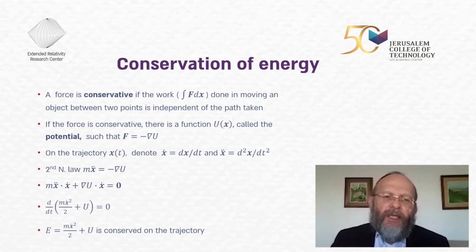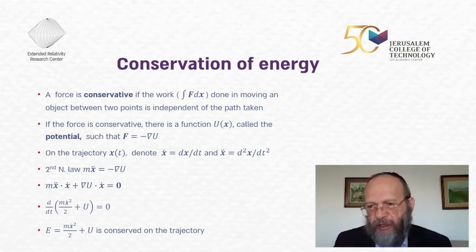It means on any trajectory, a solution of the differential equation, of the evolution equation, you'll have a conservation. This part you have to understand, the two parts are very different. This part depends only on the mass of the moving object and its velocity. It doesn't depend on the field, on the force, while this u is independent of the object. It depends only on the position and the force at this position.